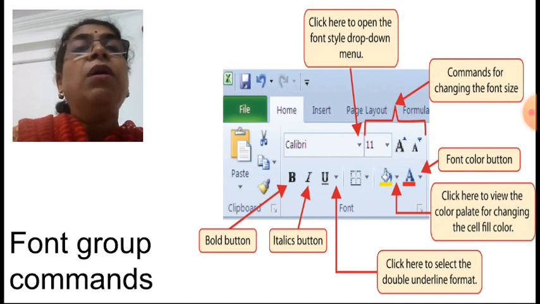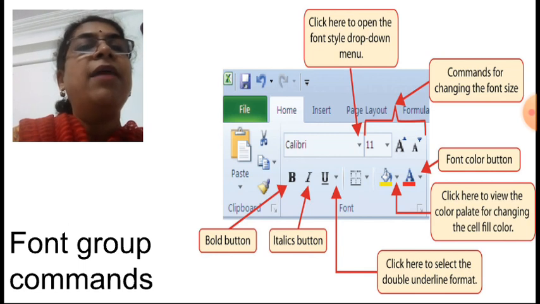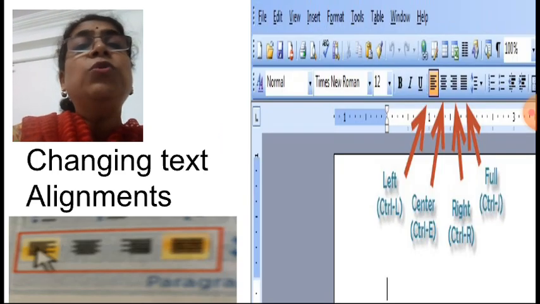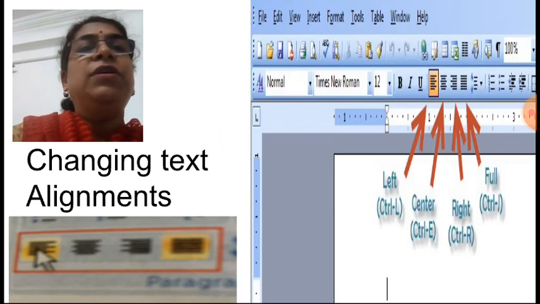Out of this only, we have not learned highlighting the text, that we are going to learn in the course of time. So all these commands are there in the font group. Now from the paragraph group we have learned how to change the alignment of the text.